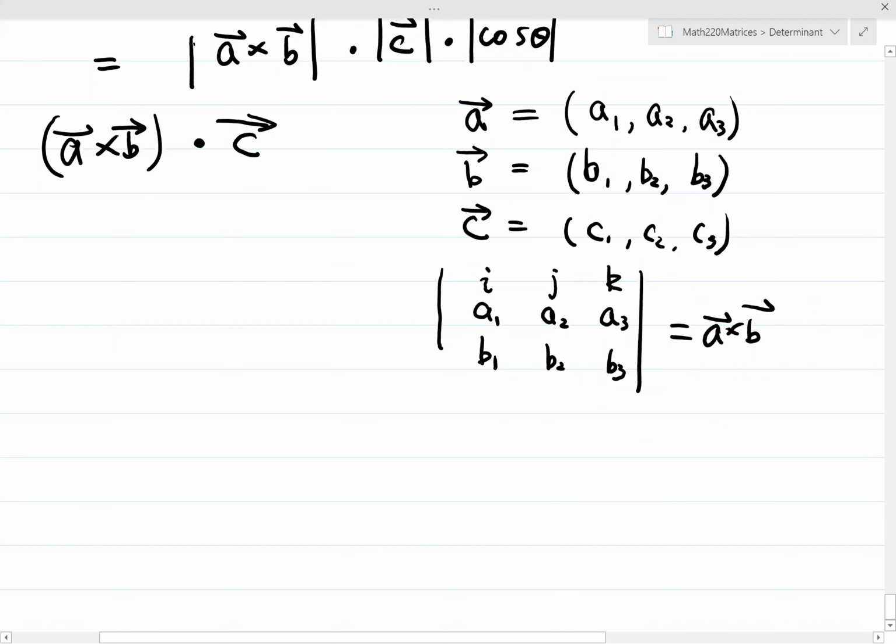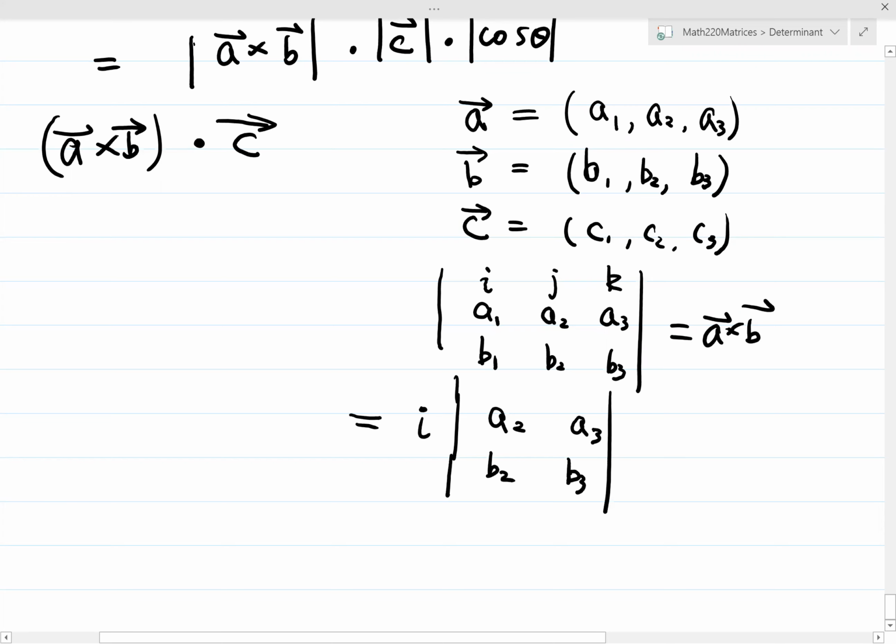For I, we cross out the column and row that contains I. So A1 is no longer there, and we get A2, A3, B2, B3. Now remember, the 2 by 2 determinant we have already done.